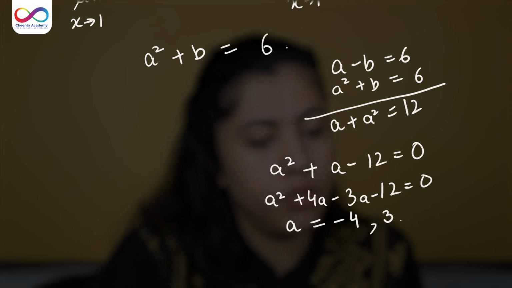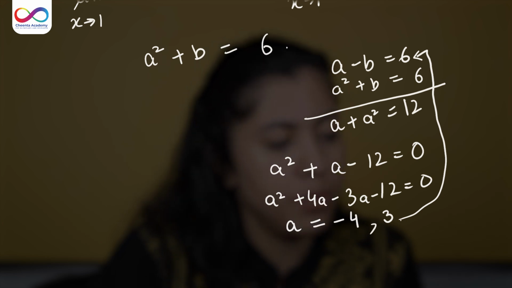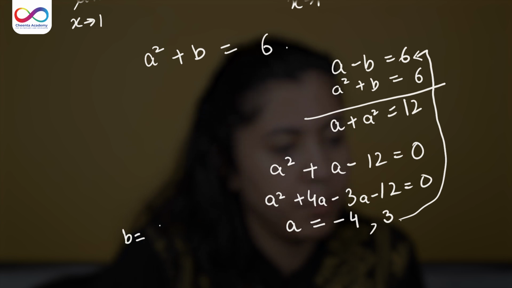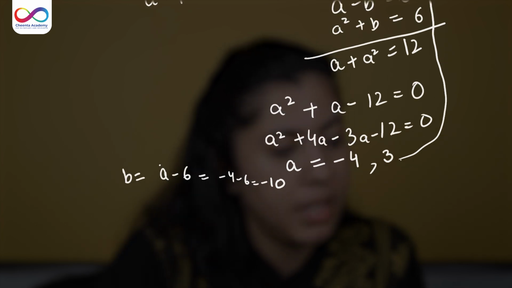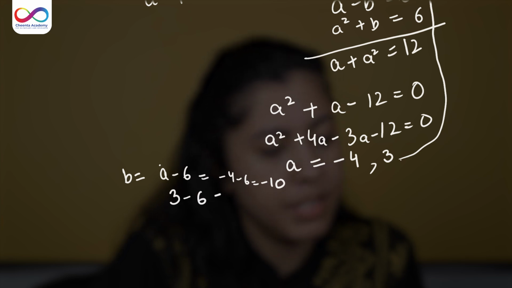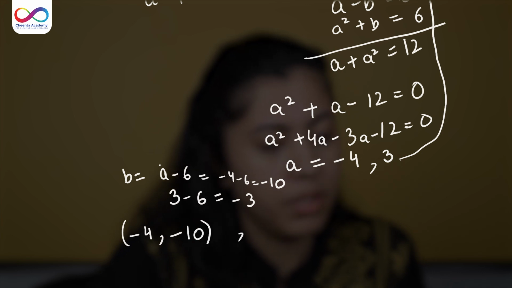Putting it in this equation, we'll get the values of b. So b is equal to a minus 6, that is minus 4 minus 6, which is minus 10, and the second value is 3 minus 6, that is equal to minus 3. So there are two pairs that will make this function continuous: (minus 4, minus 10) and (3, minus 3).